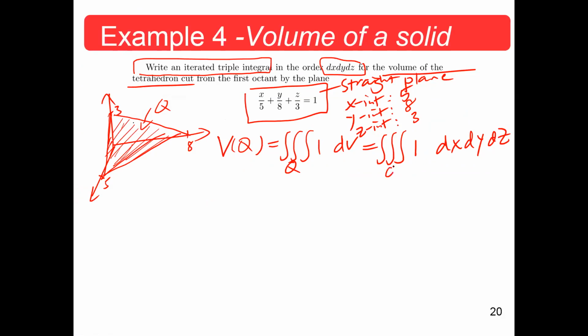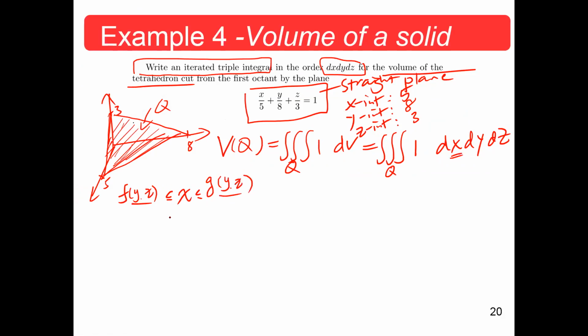So the question is, what do I put over here for the 3 limits? Because x is in the innermost, x should be bounded by 2 functions of the other 2 variables, y and z. Is that clear?